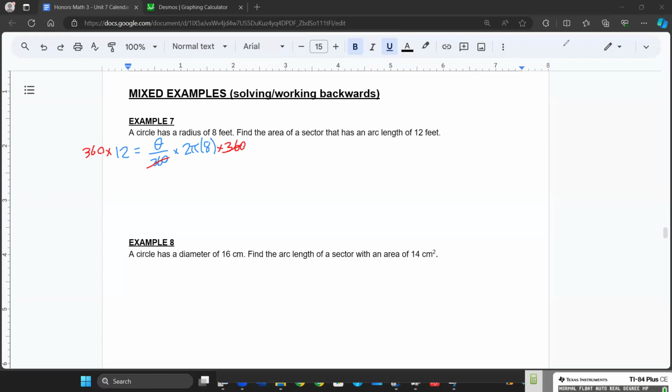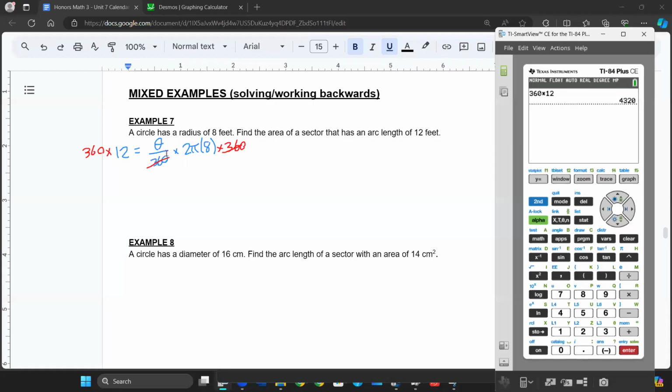Let's do that on your calculator, and that's going to give us 4320. So we'll rewrite the equation: 4320 equals theta times 2 pi 8. There are no more fractions, so I'm just going to write times 2 pi 8. If you want to combine the 2 and the 8, you can say 16 pi.